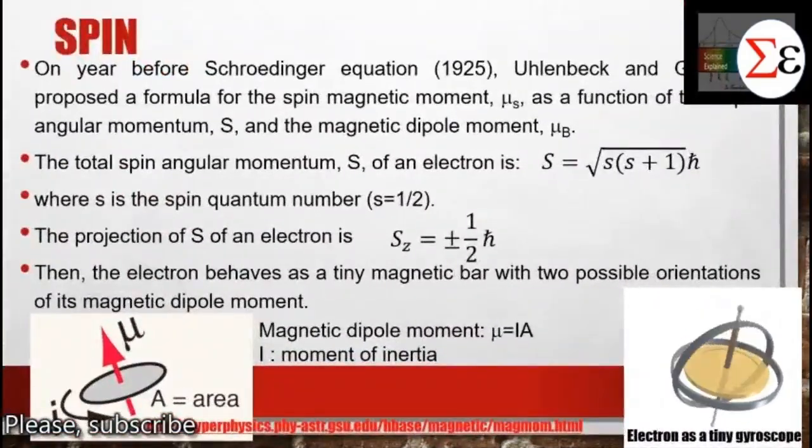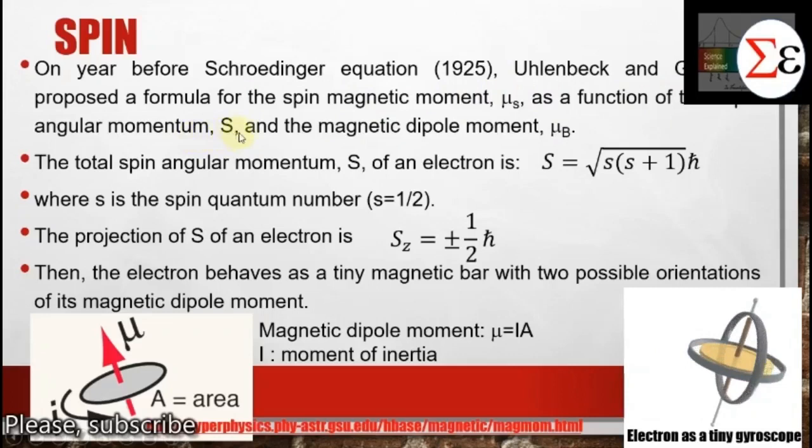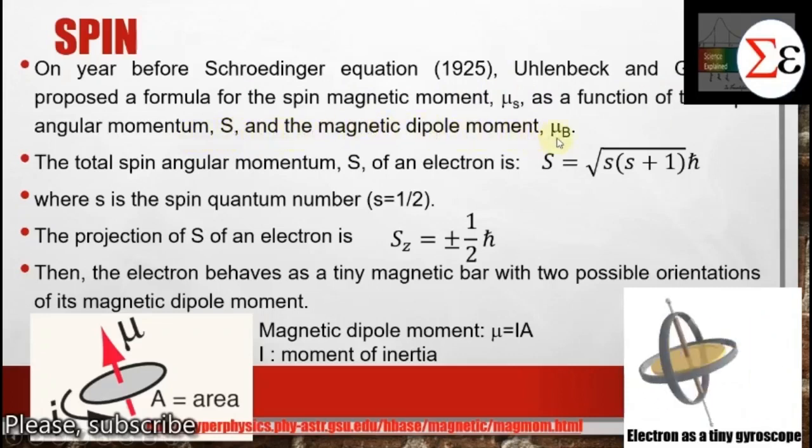One year before the Schrodinger equation, which was then 1925, Uhlenbeck and Goudsmit proposed a formula for the spin magnetic moment mu as a function of the total spin angular momentum S and the magnetic dipole moment mu B.